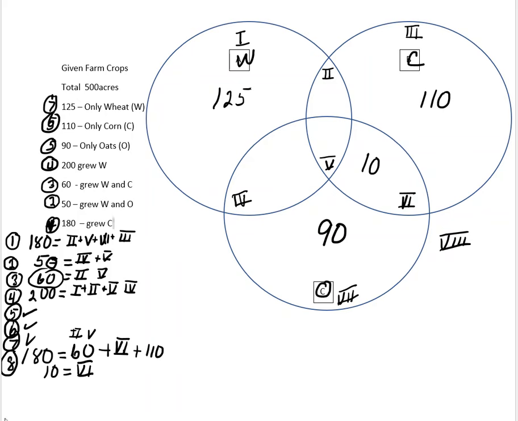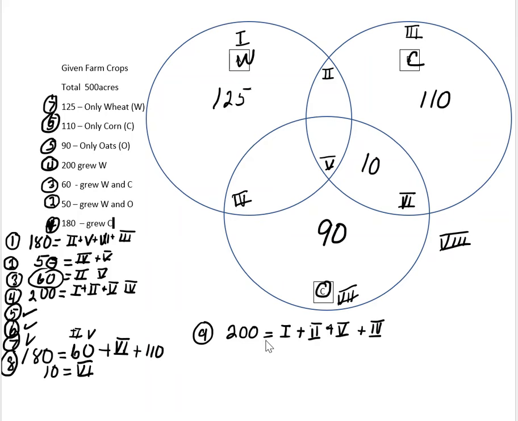Now I can go to my next step, step 9. I'll look and see, do I know any other totals? Yes, I do. I know that 200 is made up of section 1, section 2, section 5, and section 4.